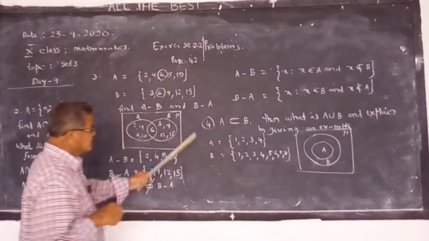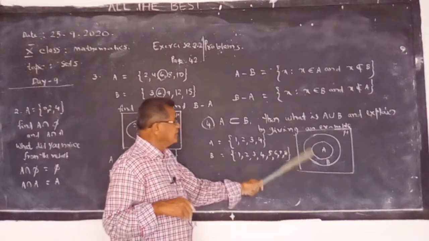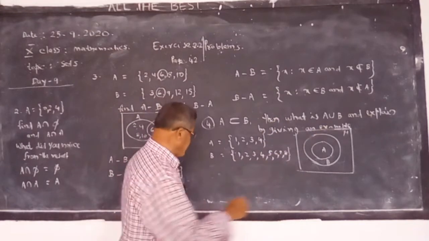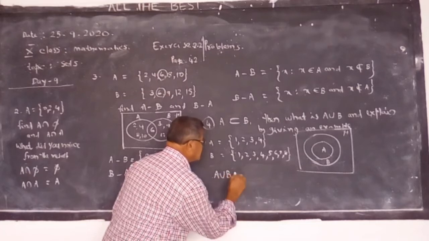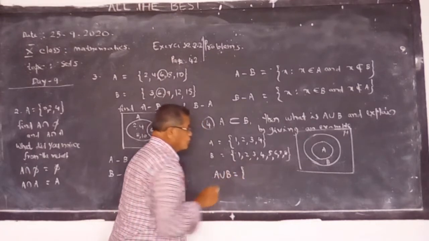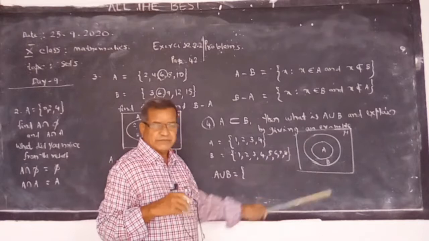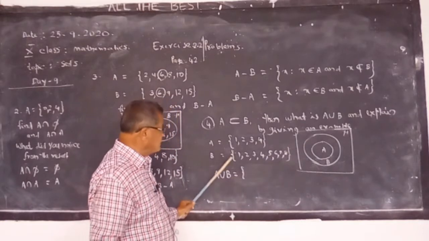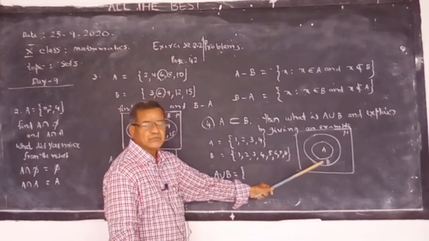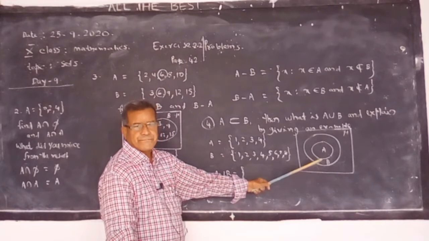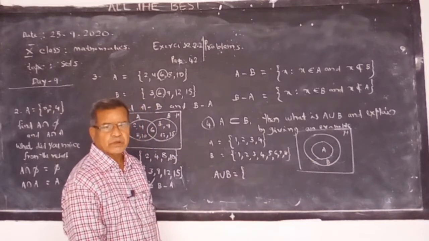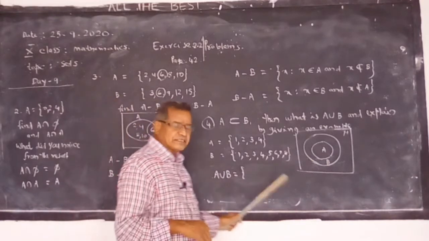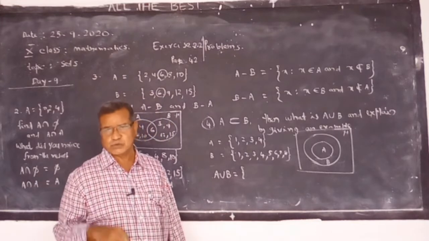Now, what is being asked: if A is a subset of B, then what is A union B? Blindly, we have to combine all the elements. If we combine all the elements, we get set B. Suppose Nalgonda district and Telangana state union.